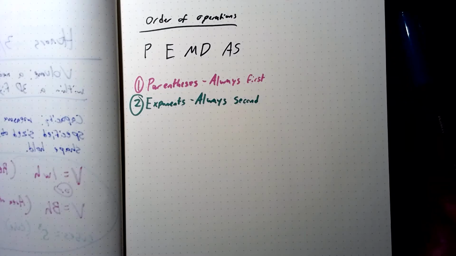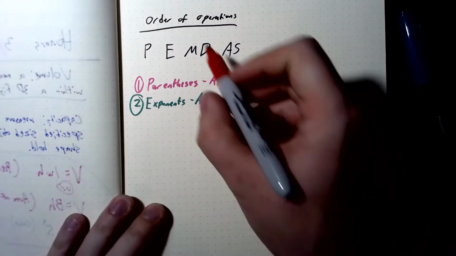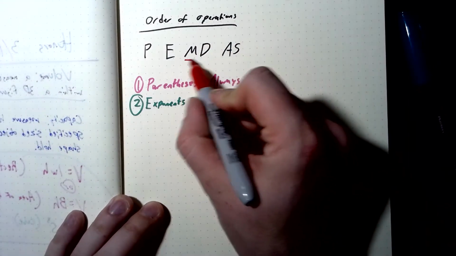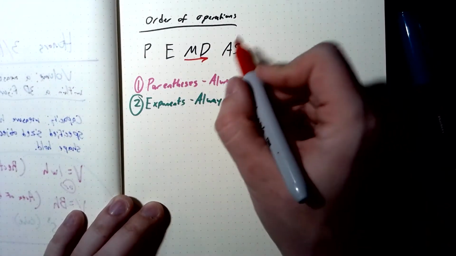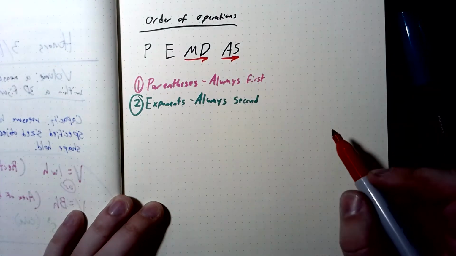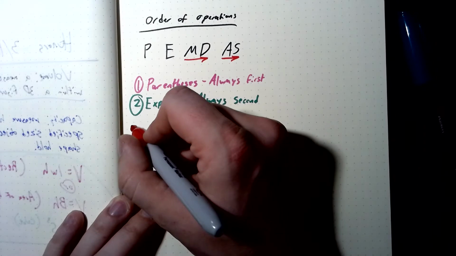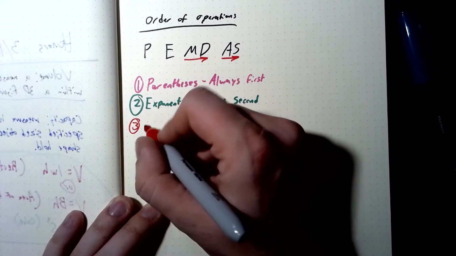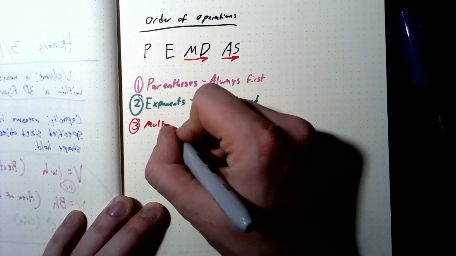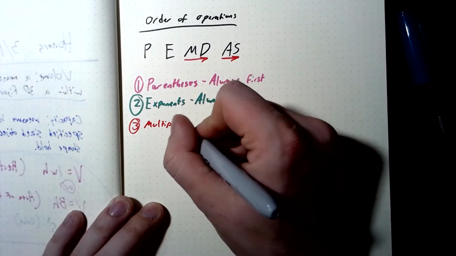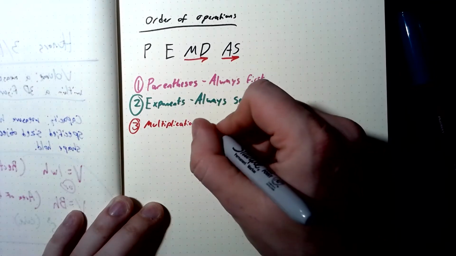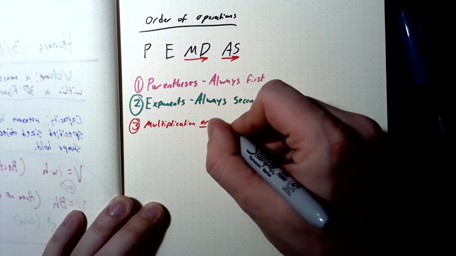Now, the second one, people often get confused, and I wrote M and D very close together, and I'm going to draw a red arrow underneath it, and under A and S for addition and subtraction. The reason I do that is the third thing you do is either multiplication or division.